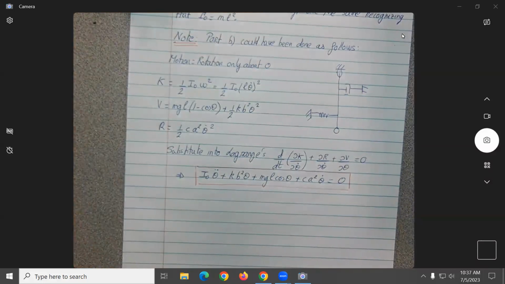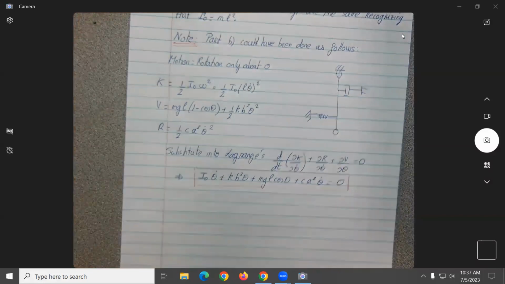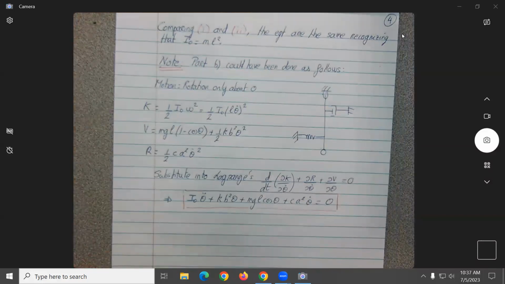I think 4 would be a bit too much, maybe 3 problems in which you need to find the equation of motion using Newton's equations and the energy method. Okay, that would probably be your assignment 2. Yes. Yeah, absolutely. Go ahead. I'm done with this. Yes, and then we can move to something else.